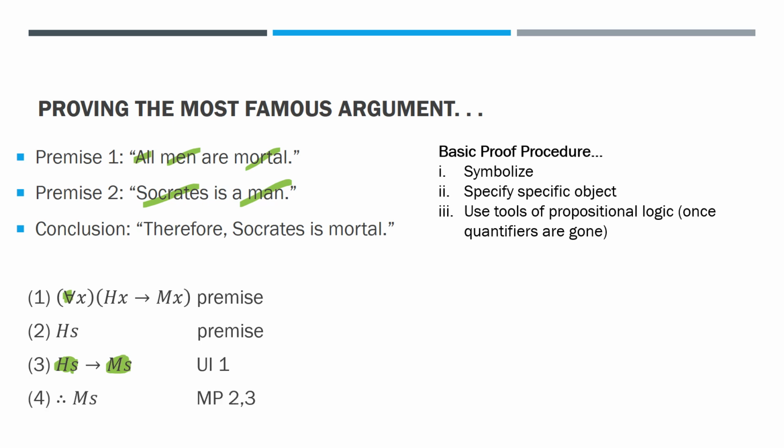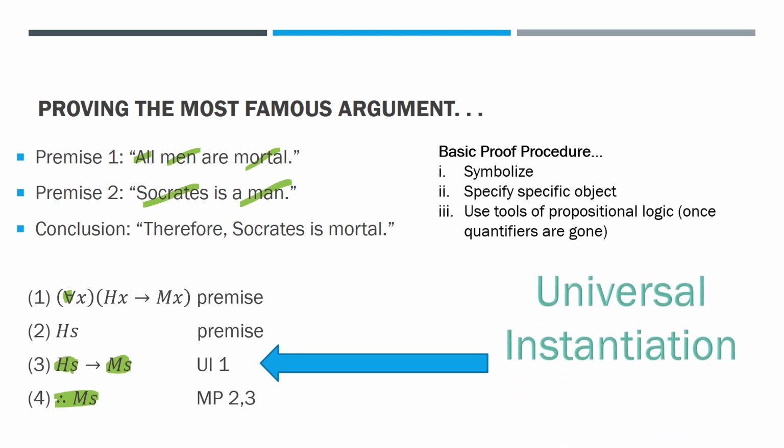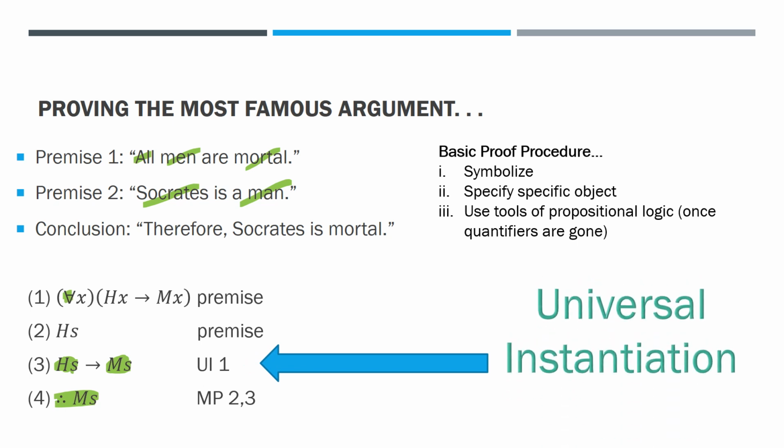So by modus ponens with sentences 2 and 3, we can say that Ms is the case. In other words, that Socrates is mortal. The only thing that's new here is really the universal instantiation. Now the textbook by Suppes Hill calls it universal specification, but I'll try to stick with more conventional terminology that you find in most standard textbooks.